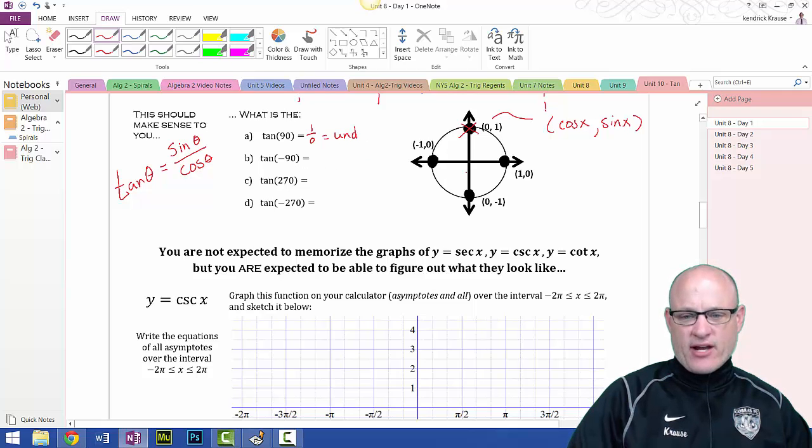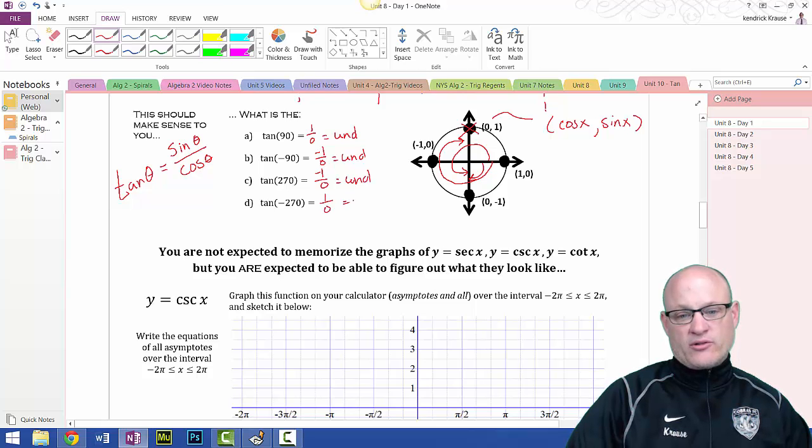And at negative 90, coming back 90 degrees, that would be negative 1 over 0. Well, isn't that undefined? Now, the 270s, if I go either positive 270 or negative 270, that still gives me either negative 1 over 0, which is undefined, or positive 1 over 0, which is undefined.